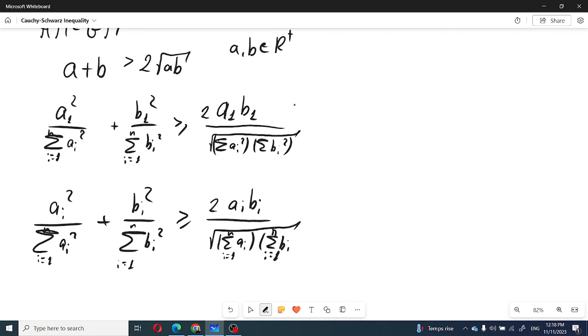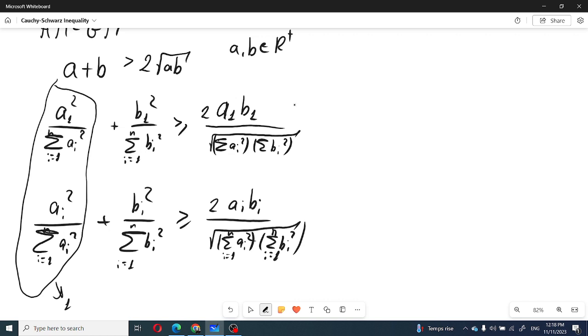So we can write this inequality for as many numbers as we want. And if we take all ai's and bi's, then the sum of these numbers will be clearly 1, and the sum of these numbers will be clearly 1 also.